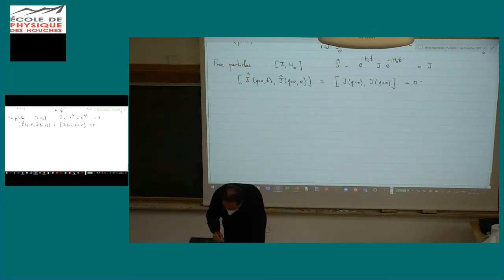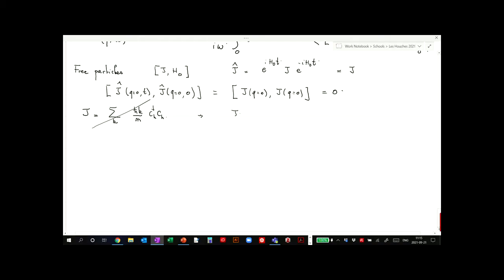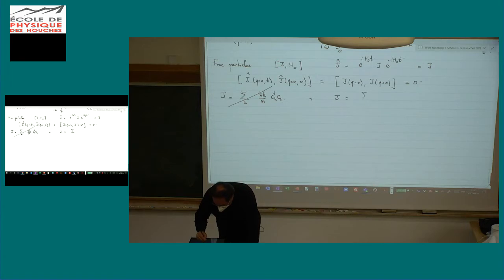The current is not what I wrote, so it's not just the sum over k of ħk over m, c dagger k c k. This is wrong. But I have to keep the vector potential, so the current is actually the sum over k of ħk minus qA, over m, c dagger k c k.